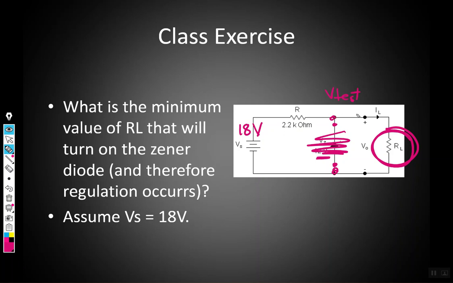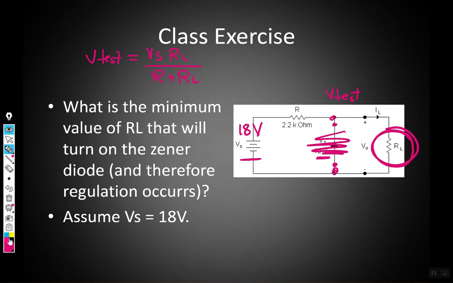this voltage is the voltage across RL in a voltage divider split between R and RL with this supply voltage, right? So what we derived last time was exactly that V test is equal to Vs times RL over R plus RL.